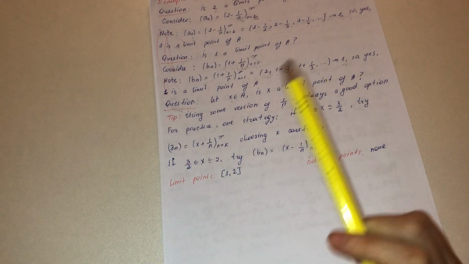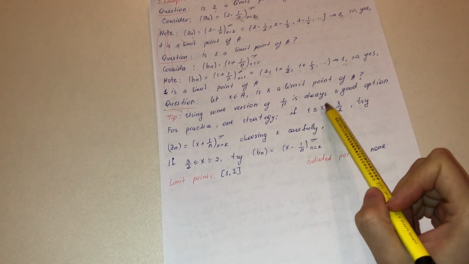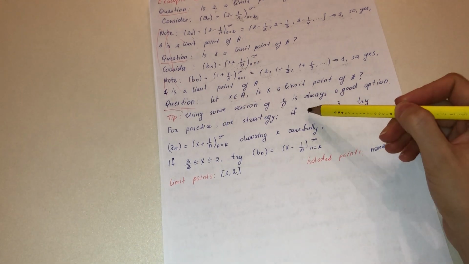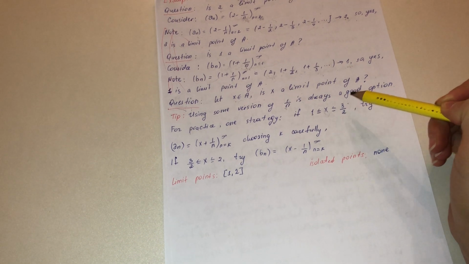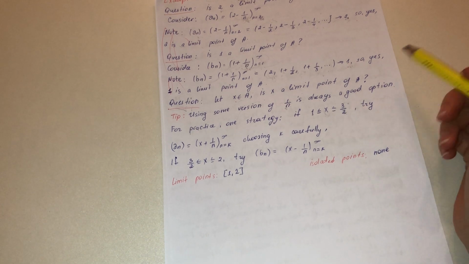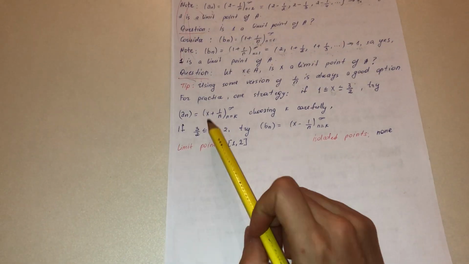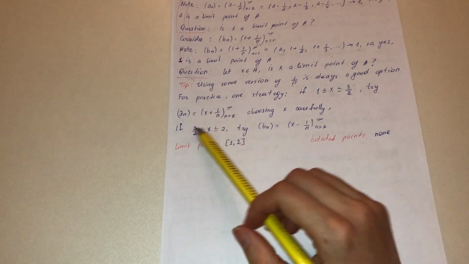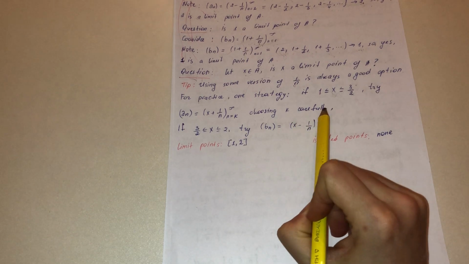For one strategy, if our x is between 1 and 1.5, as you see, 3 over 2 is equal to 1.5, then let's try this sequence, choosing k carefully.